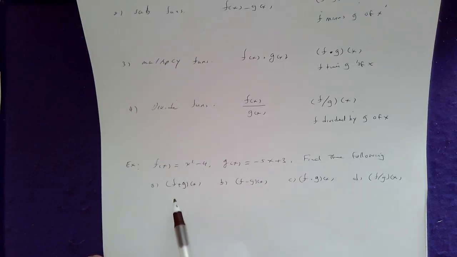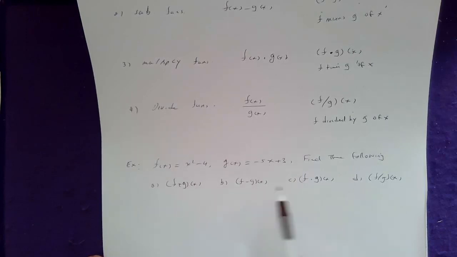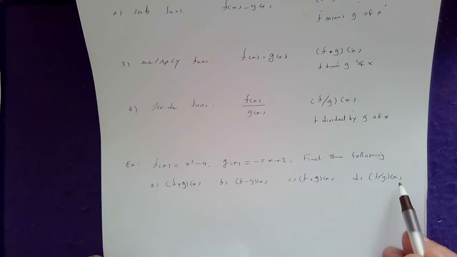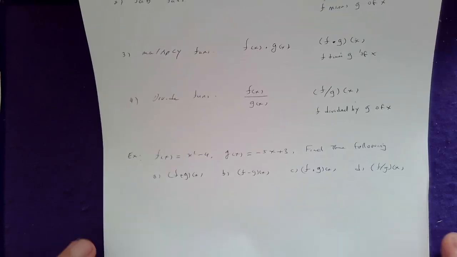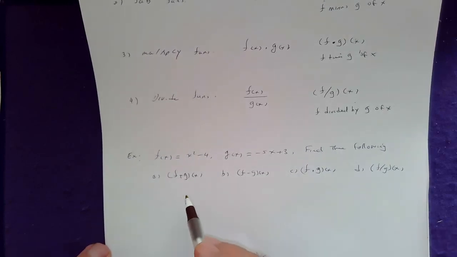Anyways, the question is find the following: f plus g of x, f minus g of x, f times g of x, and f divided by g of x. Remember, when you combine functions, the final answer is still a function, yes? So it's not like we're going to get something totally different. Still, the answer is going to be a function.